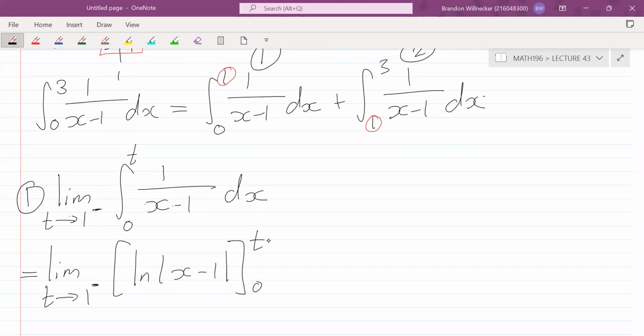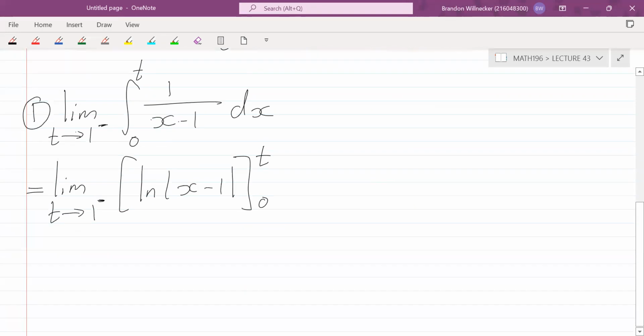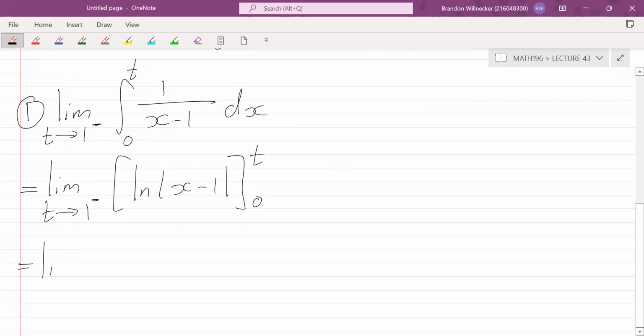Okay, so now we want to substitute t and then substitute 0. So this is going to be the limit as t approaches 1 minus. If we substitute t, we're going to get the natural log of the absolute value of t minus 1. And if we substitute 0, it's going to be minus the natural log of the absolute value of minus 1.